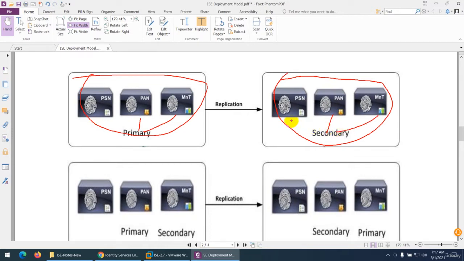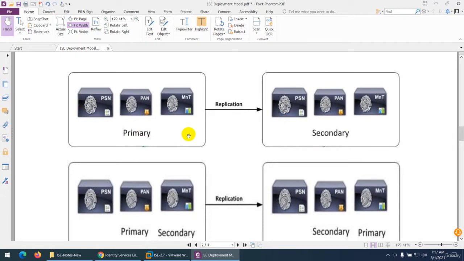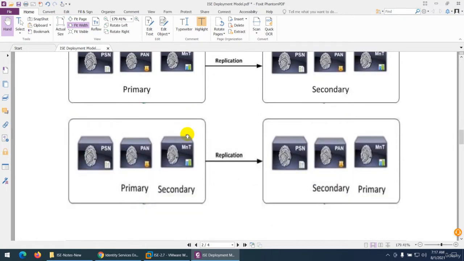And PSN, because there is no primary and secondary, I would say is active. They are playing the role of PSN, and this one also plays the role of PSN. So in a two-box deployment, one box is like a primary, another box is like a secondary for the same services, personas.